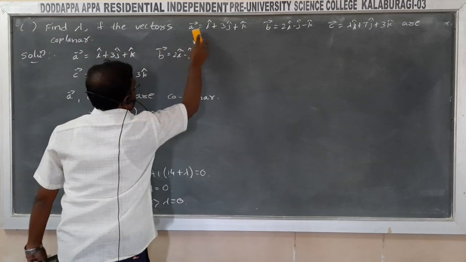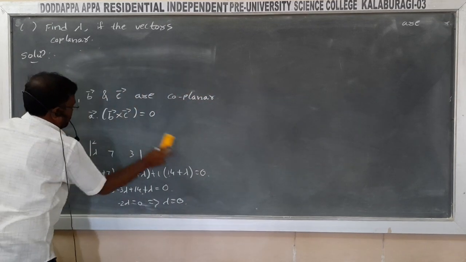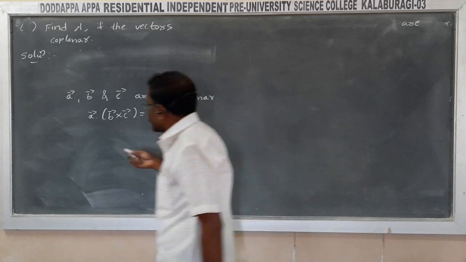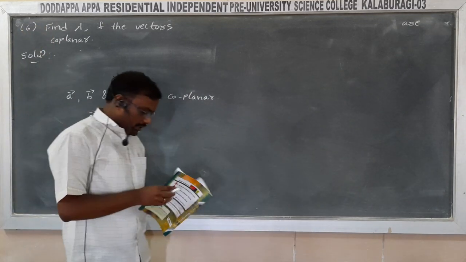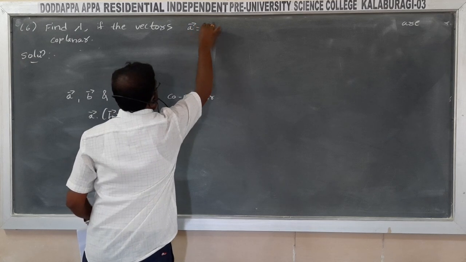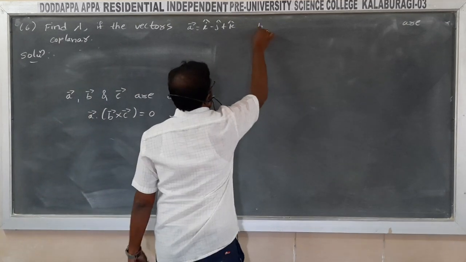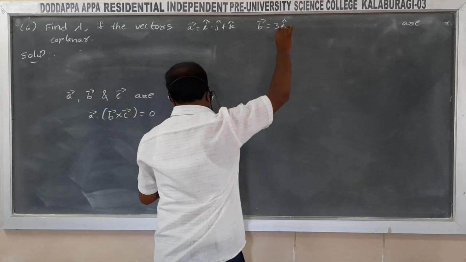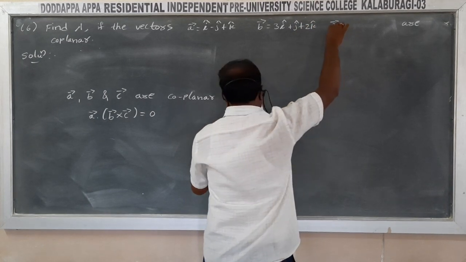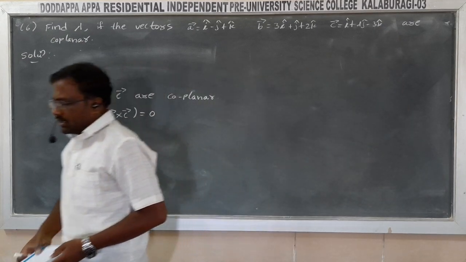Sixth one. Same method. Find lambda if the vectors vector A equal to i minus j plus k, vector B equal to 3i plus j plus 2k, vector C is equal to i plus lambda j minus 3k are coplanar.